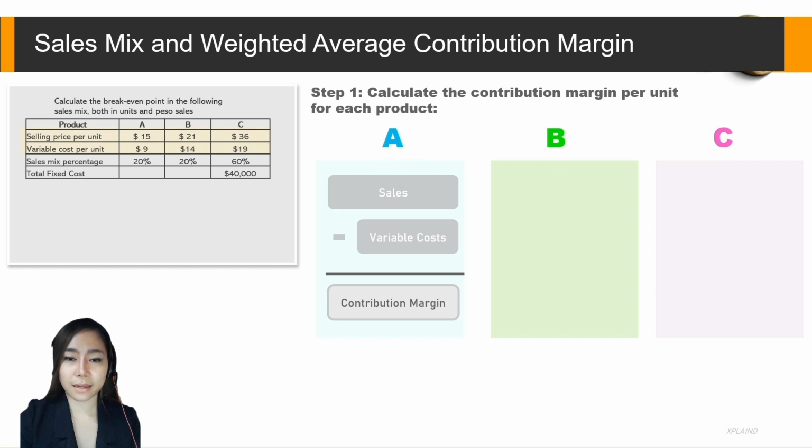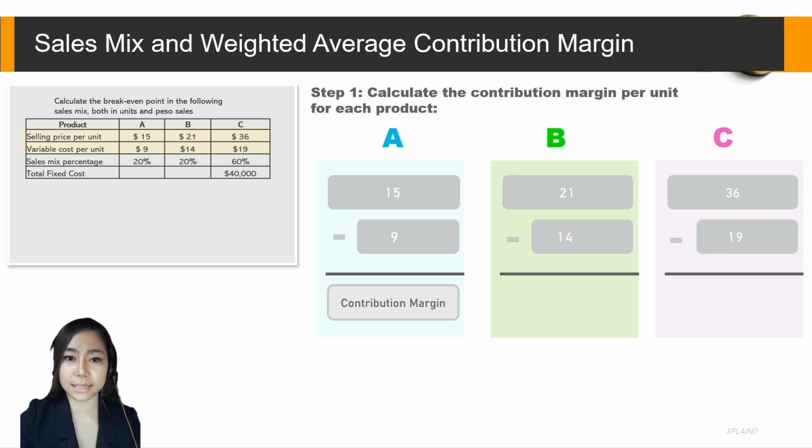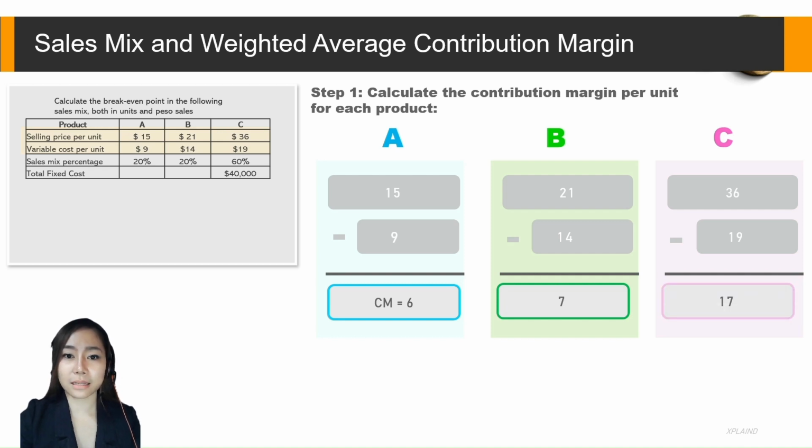Product A sales is 15, B 21, product C sales is 36, and the product A variable cost is 9, B is 14, and C is 19. So contribution margin for product A is 15 minus 9 equals 6, B is 21 minus 14 equals 7, and C is 36 minus 19 equals 17. So let's add it in the table so we can remember it later.